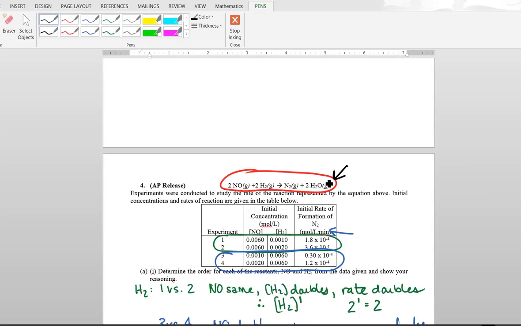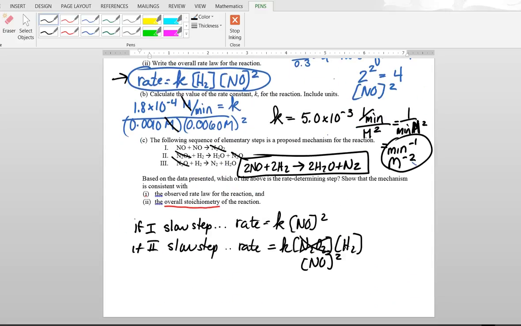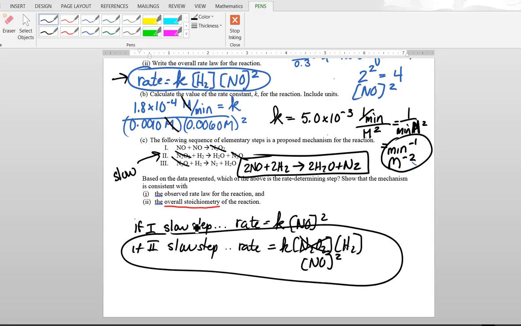So our mechanism matches the overall stoichiometry of the reaction, as well as it fits our rate law in terms of if the second step is the slow step, remember that's what I erased earlier, then we end up with a rate law that matches what we just figured out up here. Okay, so that's the end of this practice set.